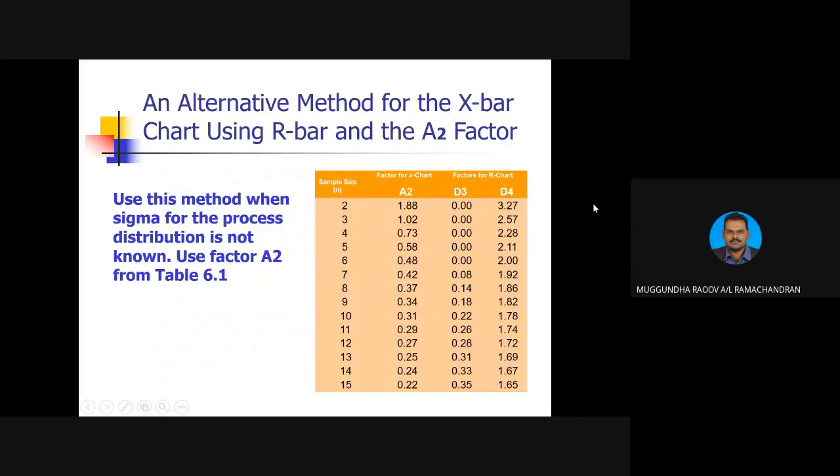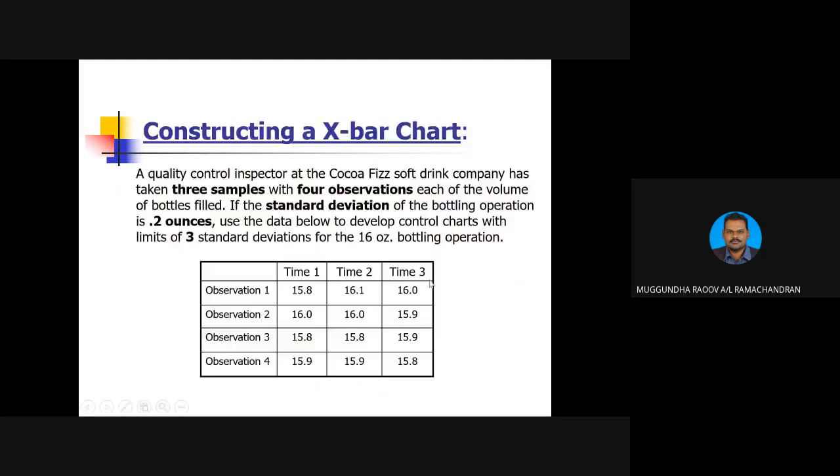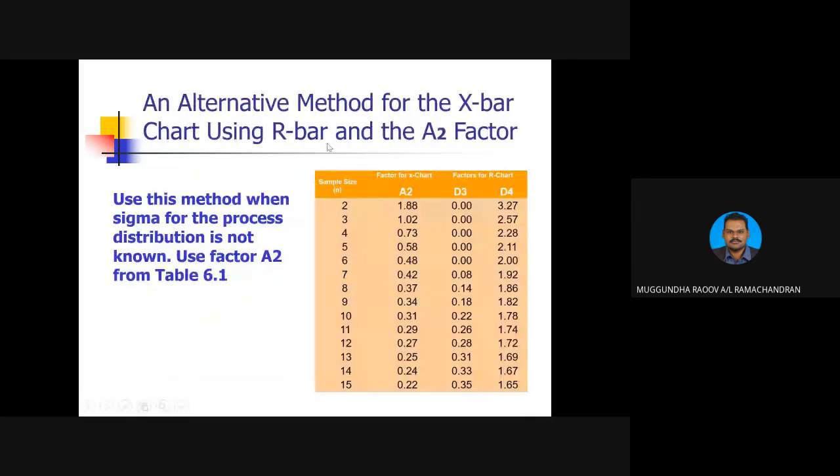Again, there is another method to calculate the X bar chart. In this case, all the information is very clear and it's very simple, but there will be some other cases. For example, we can use an alternative method for the X bar chart using the R chart and A2 factor.